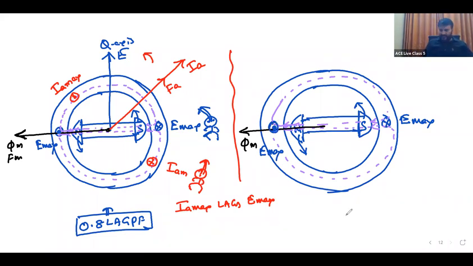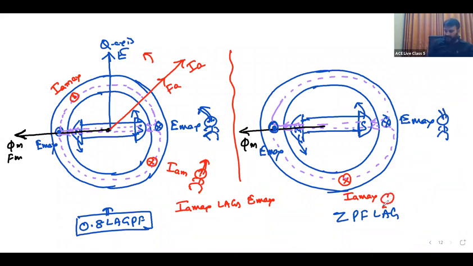Now I want to draw for ZPF lagging. For ZPF lagging, where is the current? The current will be here, cross IA maximum. IA maximum lags, no? So if you compare, the voltage is moving in this direction and the current is also moving in this direction.